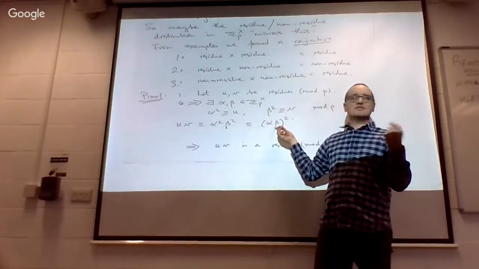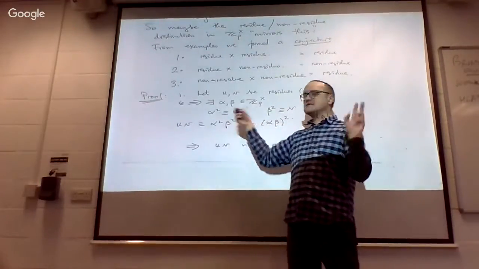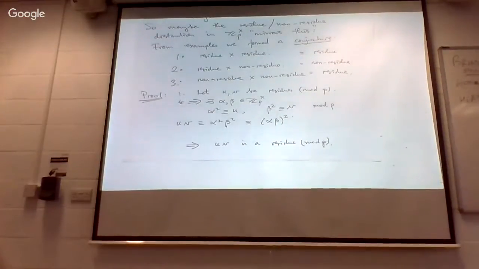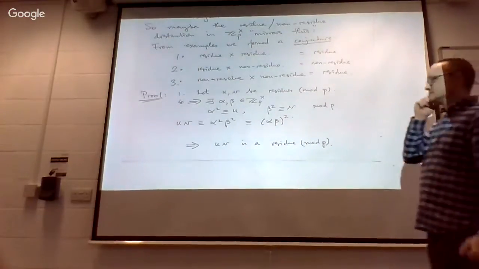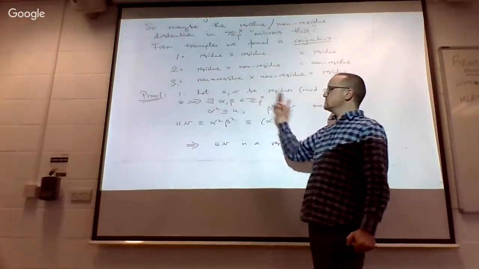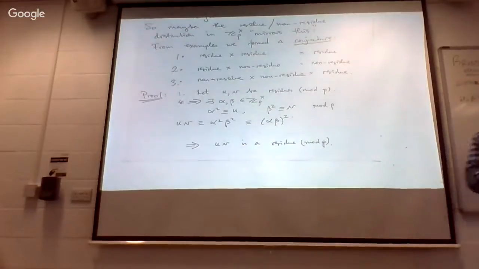Something that it's the square of is the product of the two square roots. So if you take two residues and multiply them together, you do get a residue, just like when you multiply two positive numbers together, you get a positive. So part one of the conjecture is true.